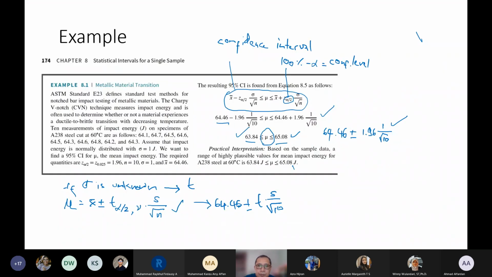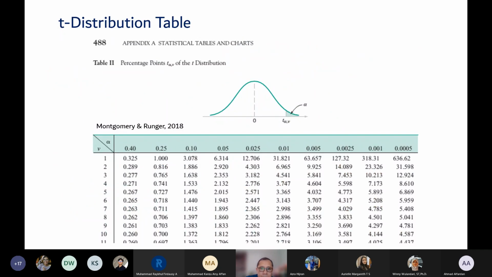Okay, so this would be 64.46 plus minus the t value. Again, this has already been determined from the previous slide. Is that correct? Yep, 2.260.